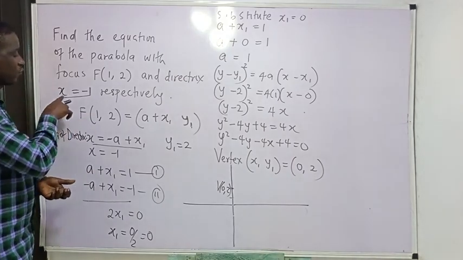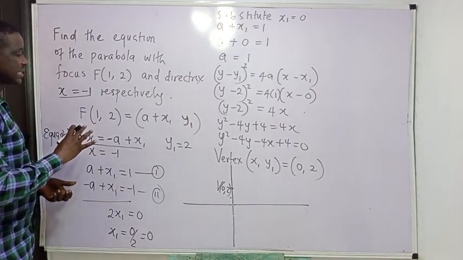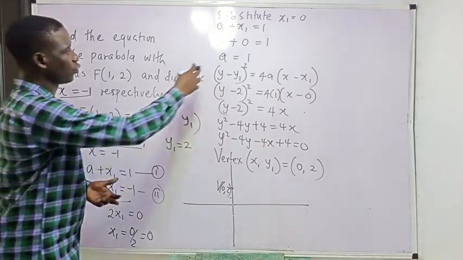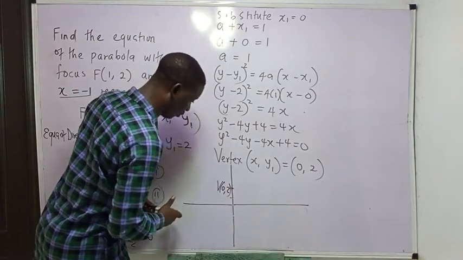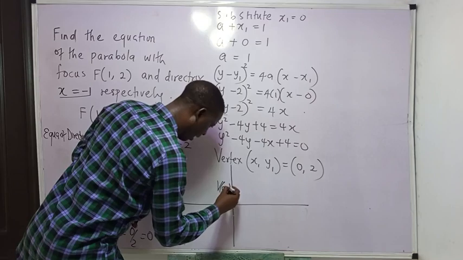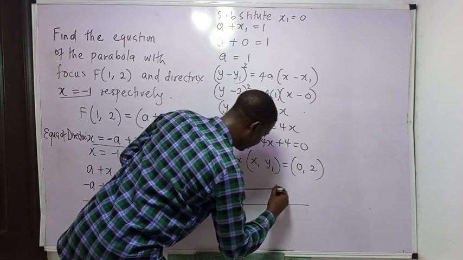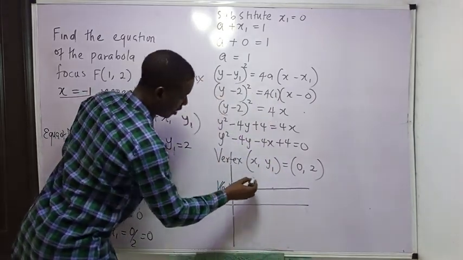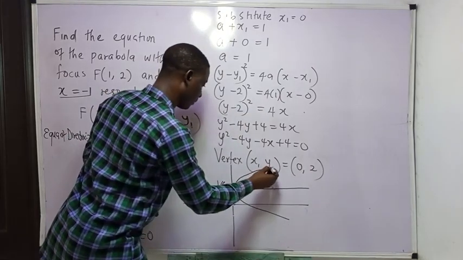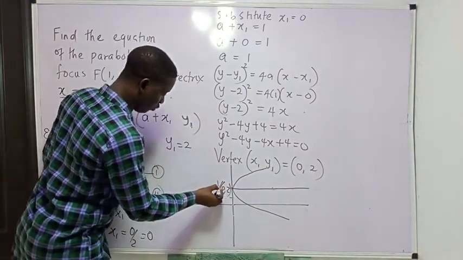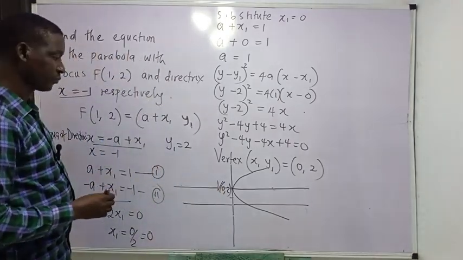For a to be plus 1, from what we saw, it means it's going to face this direction. So we are going to draw a line parallel to the x-axis here, and our curve will pass through it. This is the line of symmetry. The curve will go like that, and the straight line will go through.